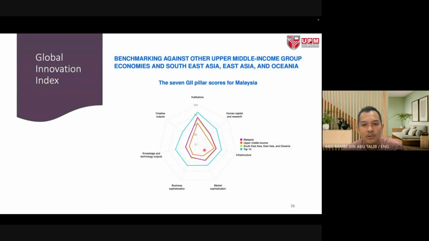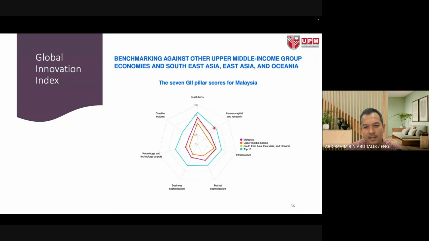And looking at the benchmark against other upper middle income groups in Southeast Asia, Malaysia's progress is this magenta color. Compared to the top 10 countries in the world, we are very far behind in all sectors.